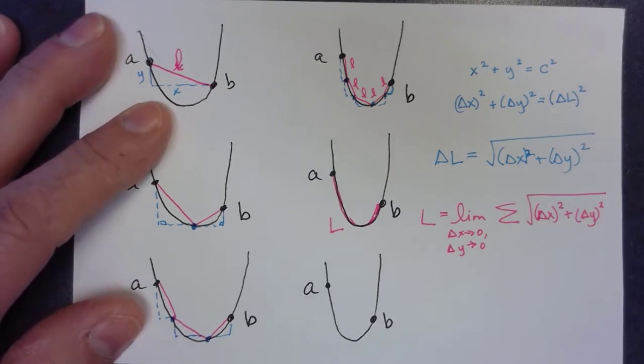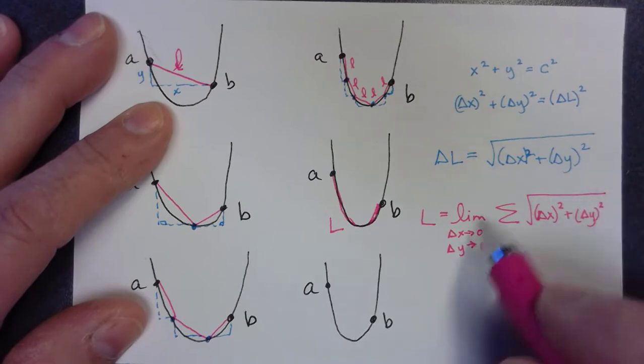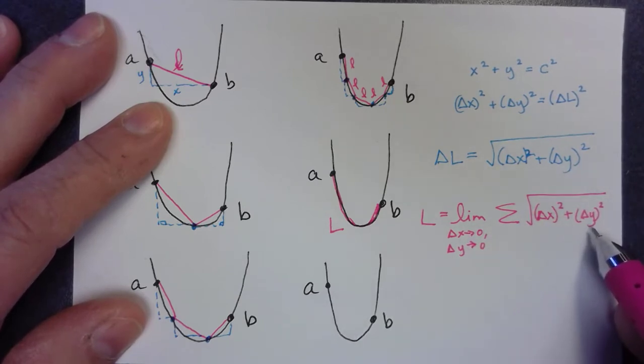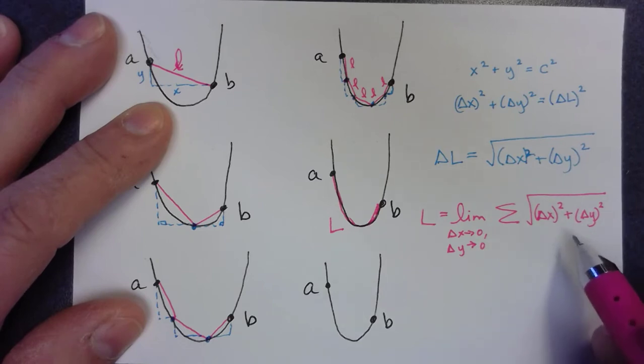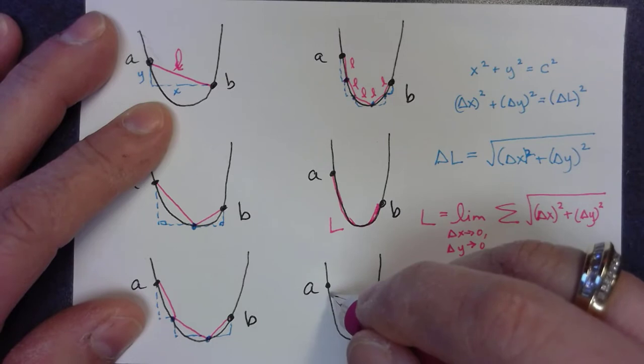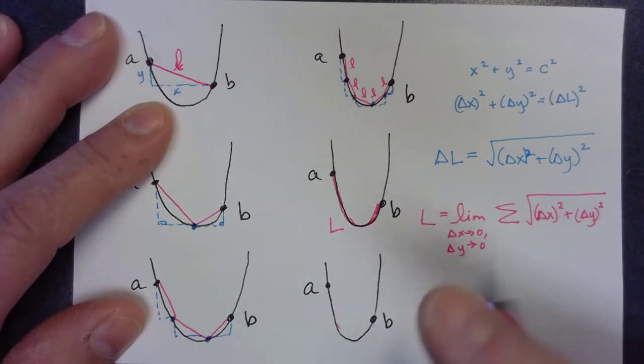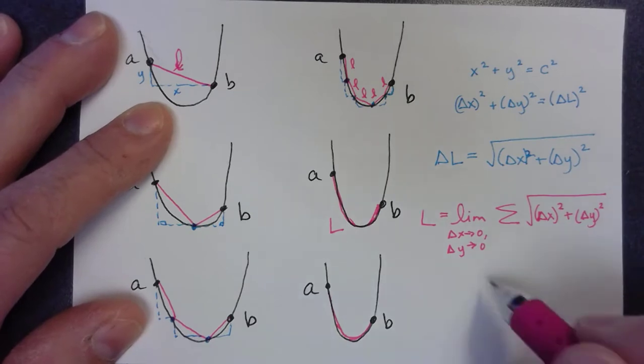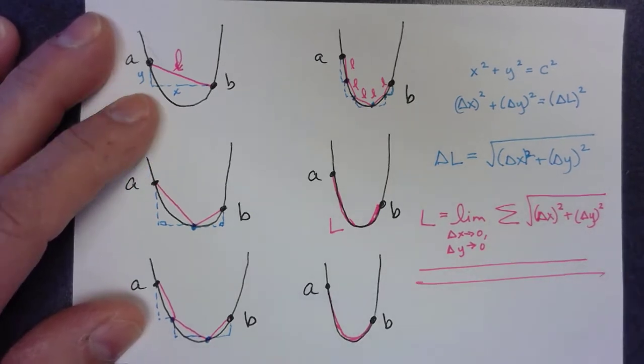If we take our limit as delta x and delta y get so small that there's almost very little change we can see in them, and I add them all up, then I get my arc length. And that is the foundation for our lesson today.